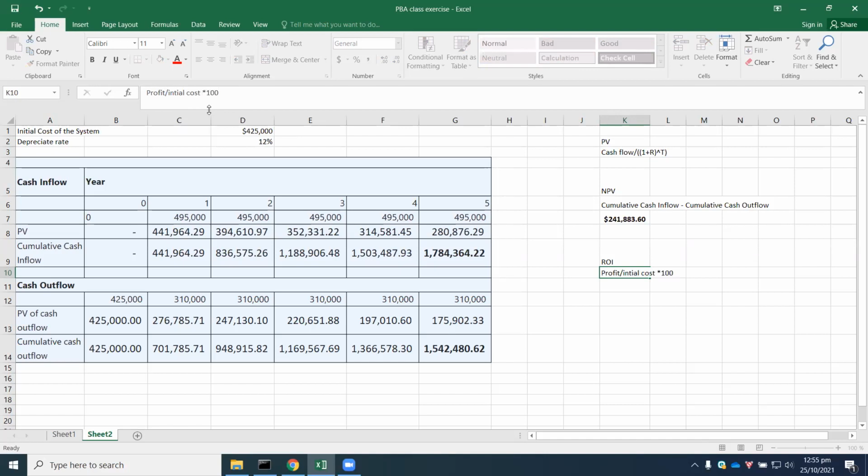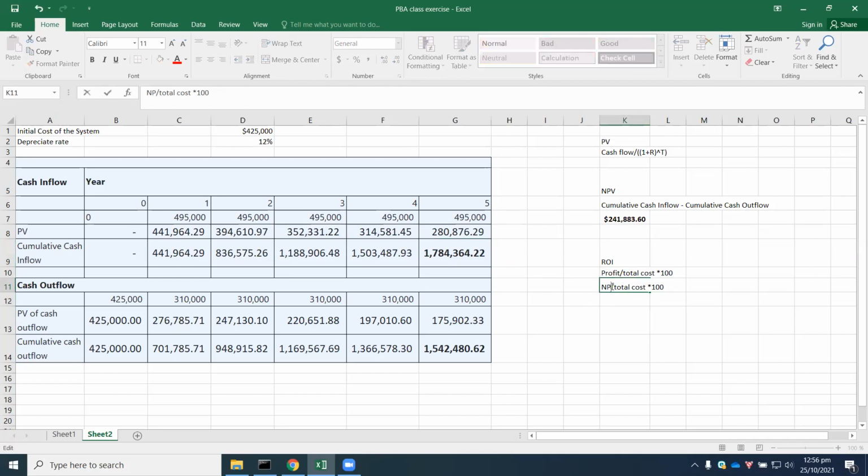multiplied by 100. In this case, your net present value is the profit for year 5, if I'm not wrong. It is. So another way of writing this formula would be net present value divided by the total cost, multiplied by 100.